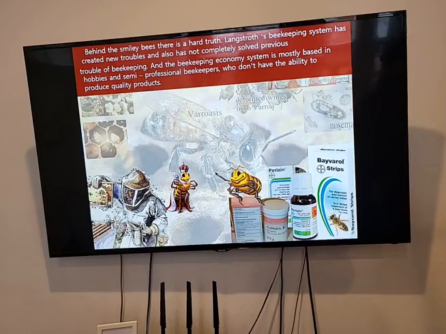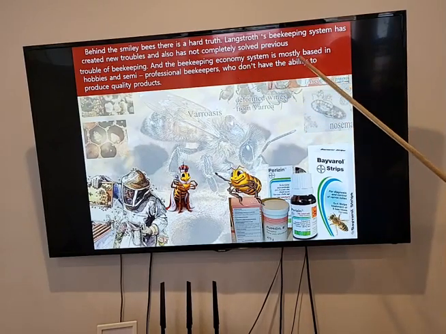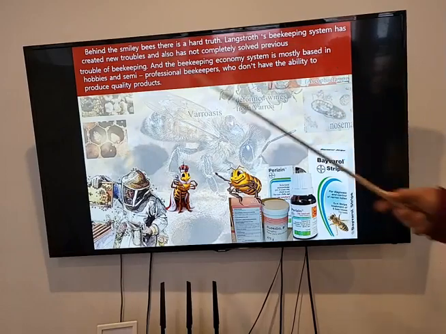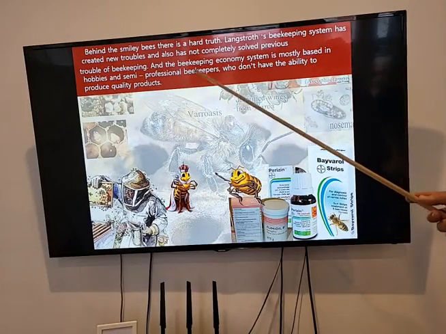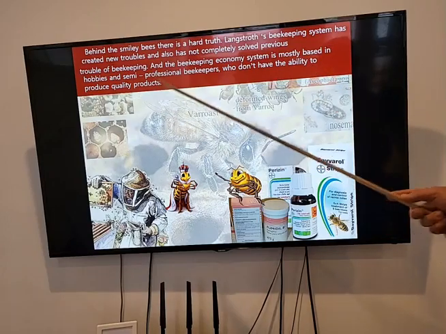Okay, now I'm targeting the main problem of Langstroth's beekeeping system, which is that the system is mostly based on hobbyists and semi-professional beekeepers who don't have the ability to produce quality products.